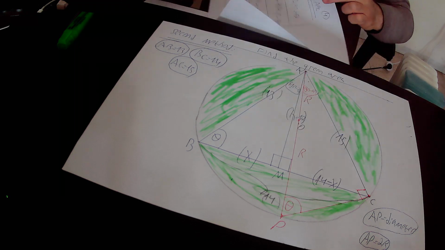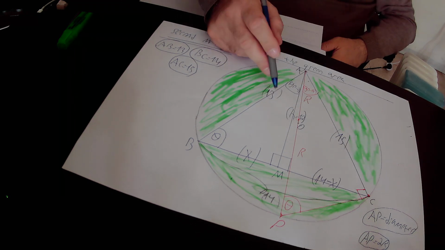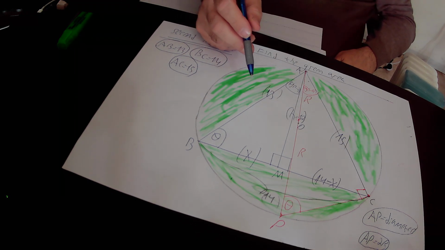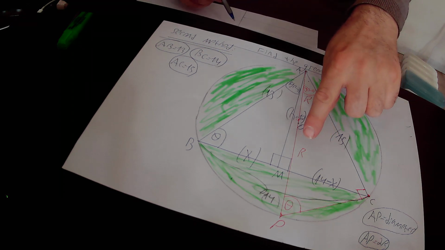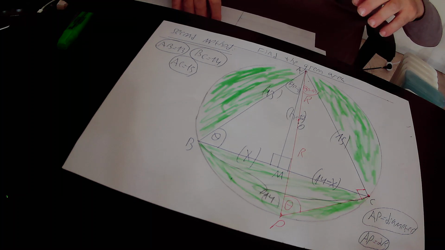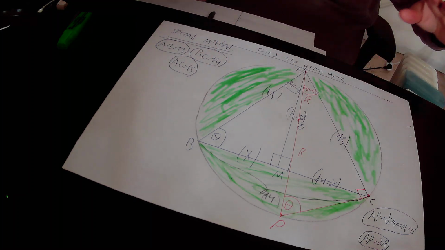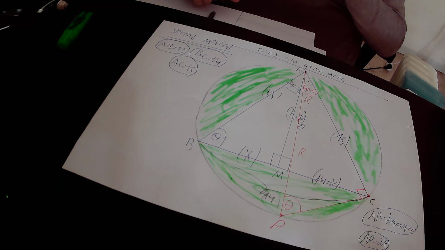So we proved that all three angles in triangle ABM are correspondingly equal to all three angles in triangle APC. Therefore, those two triangles are similar to each other according to the angle similarity rule. So I write it down.